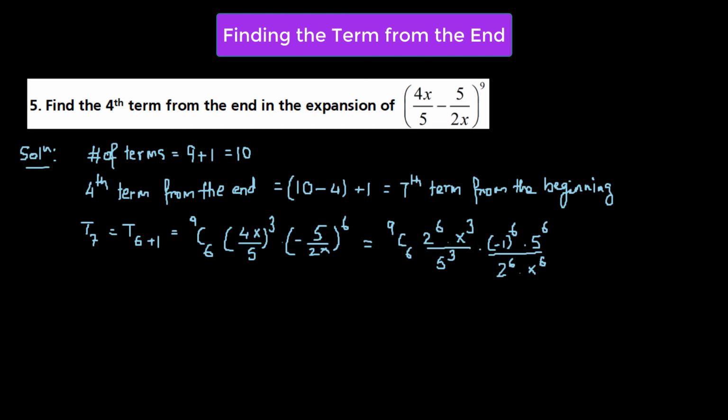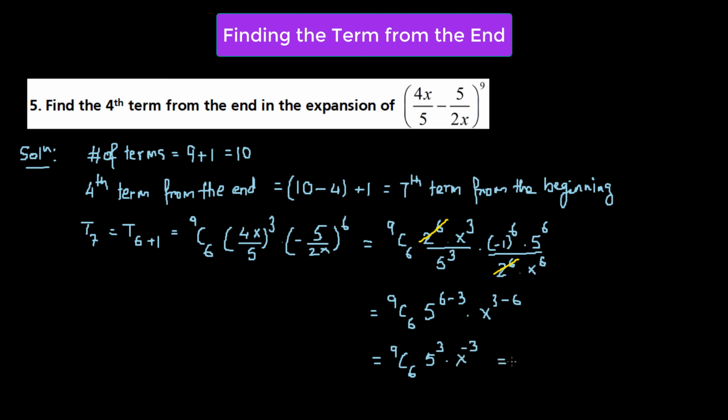So clearly we see here that 2 raised to the power 6 will factor out with the 2 raised to the power 6 in the denominator, and that should give us 9C6. Negative 1 raised to the power 6 is positive, then 5 raised to the power of 6 minus 3 times x raised to the power of 3 minus 6, which is equal to 9C6 times 5 raised to the power of 3 times x raised to the power of negative 3.